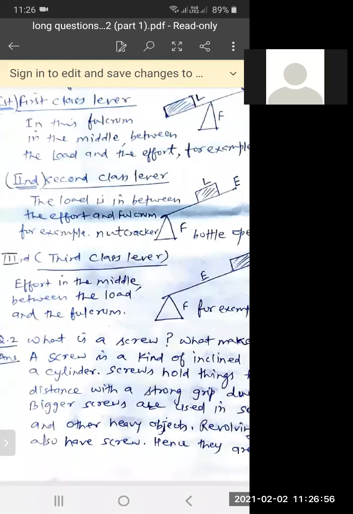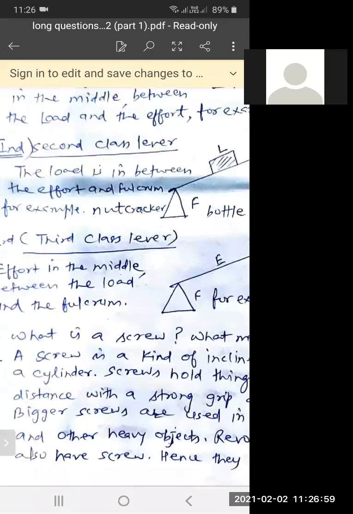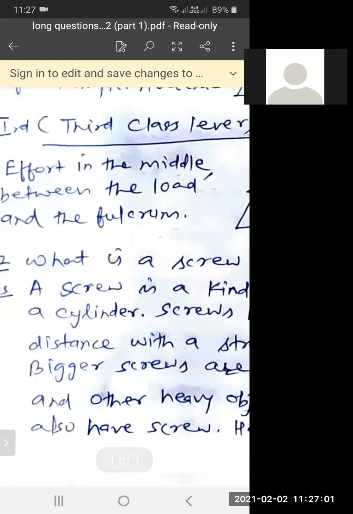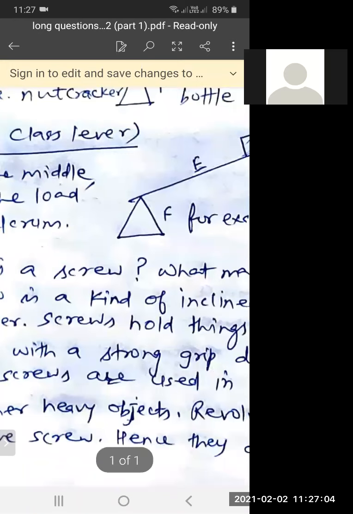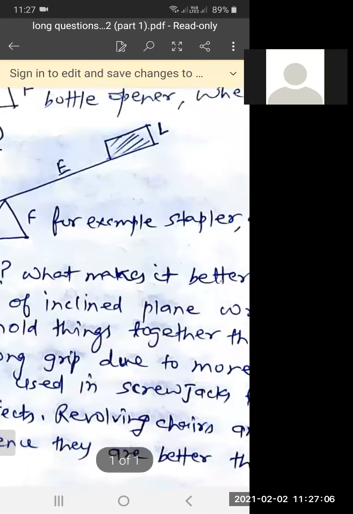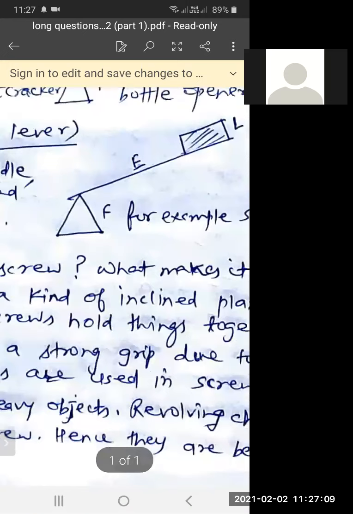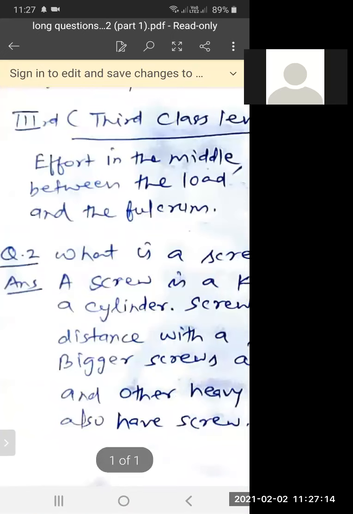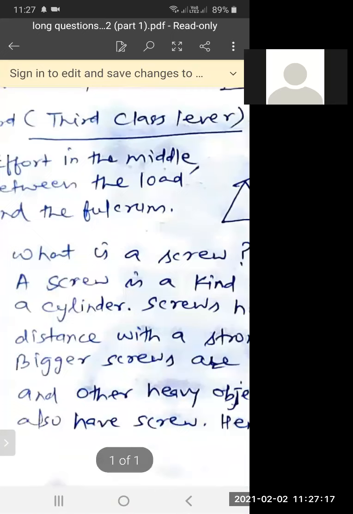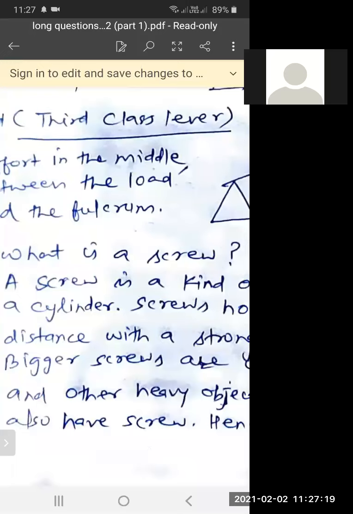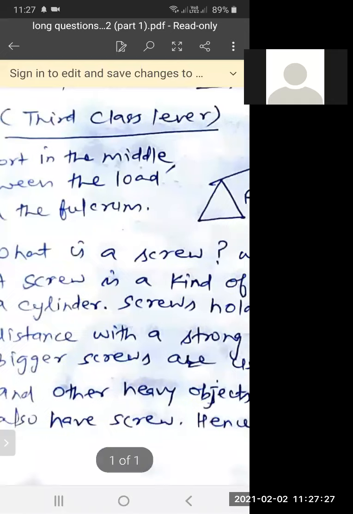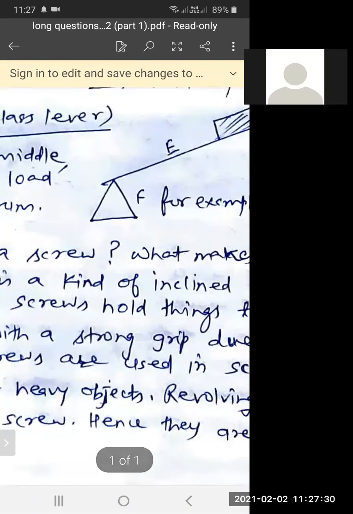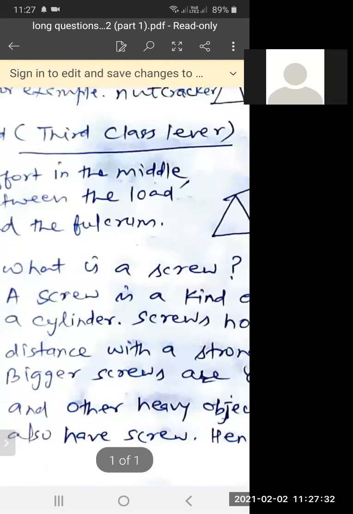Please write down the first line: a screw is a kind of inclined plane.